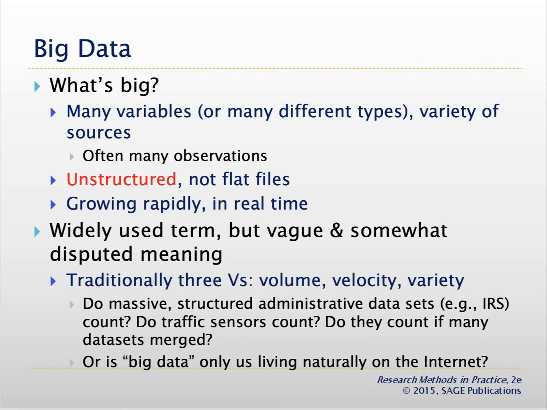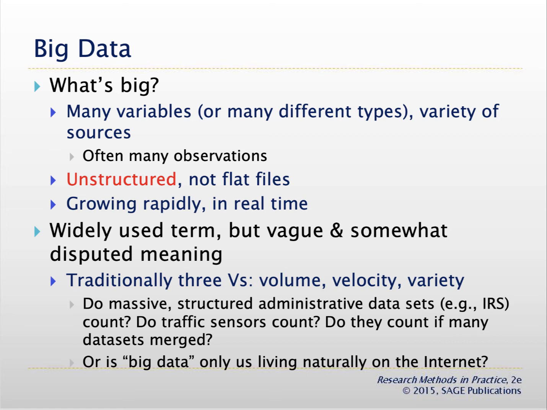So now I want to talk about this growing field called big data, right? So, well, what is it? What's big? So the first idea is there's lots and lots of variables, and often many different types of variables, often coming from a variety of sources. There are many observations, but that's actually not so unusual. People have been working with many observations with structured.